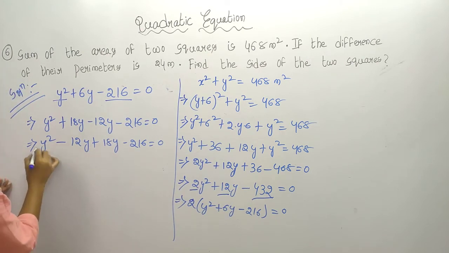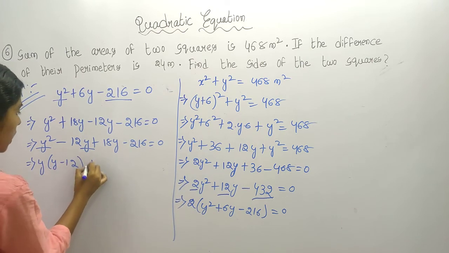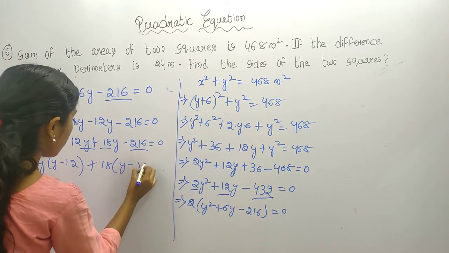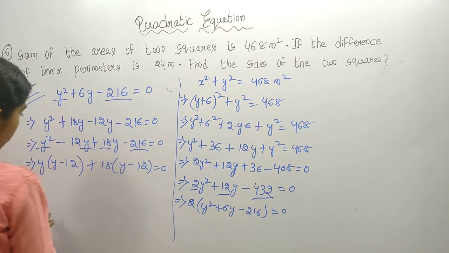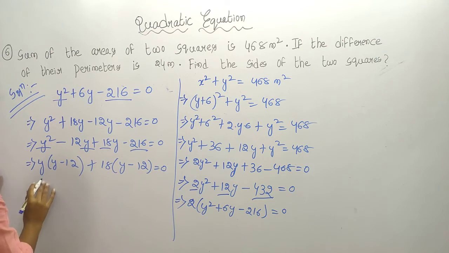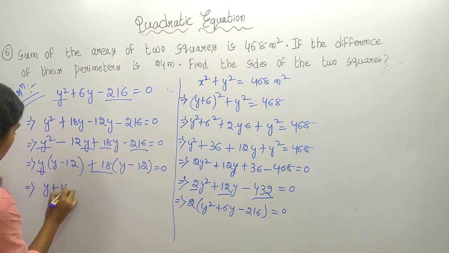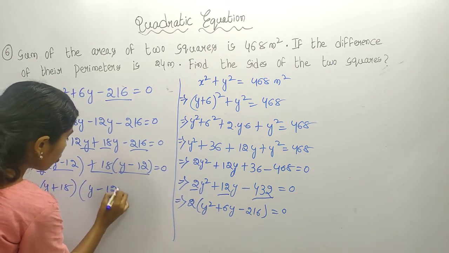That implies here y is common, inside y minus 12, plus here 18 is common, inside y minus 12, equals 0. 18 into 12 is 216 again. That implies (y plus 18) into (y minus 12) equals 0.